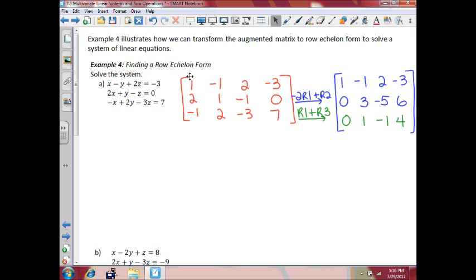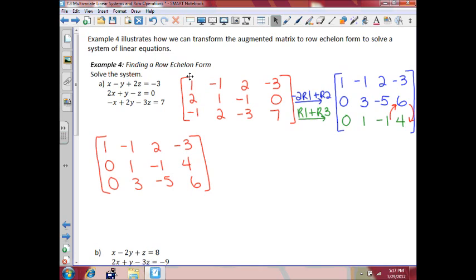What we can do now, in order to make this easier, is interchange the second and third rows. So let's rewrite the rows. Like so.